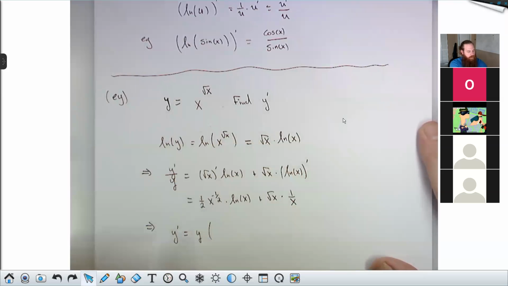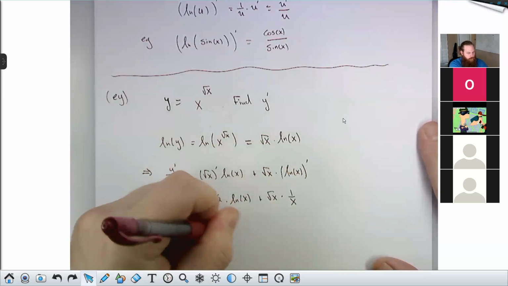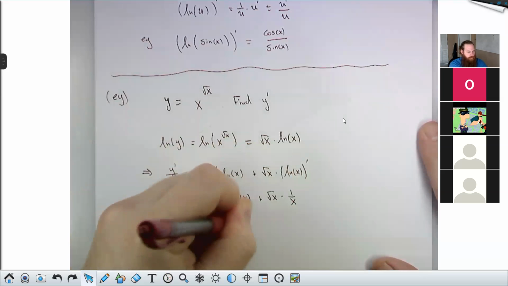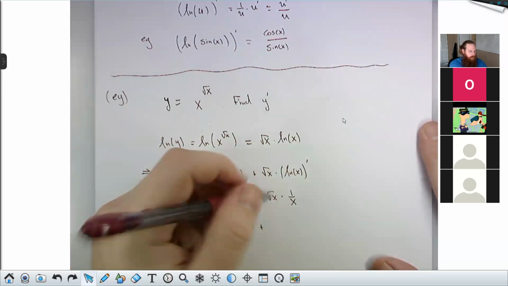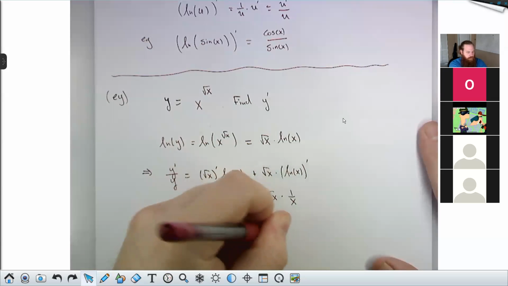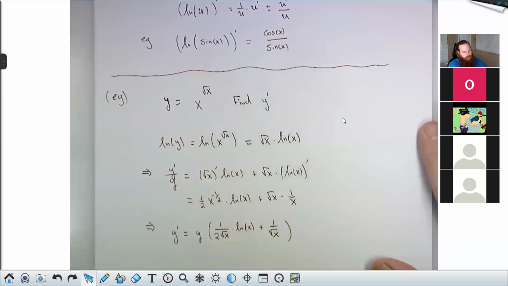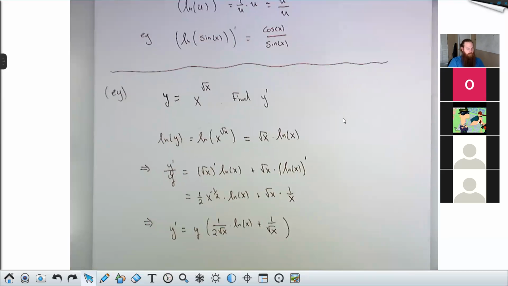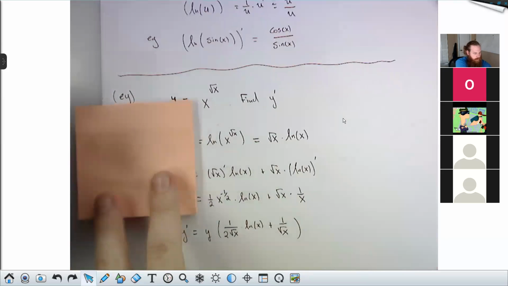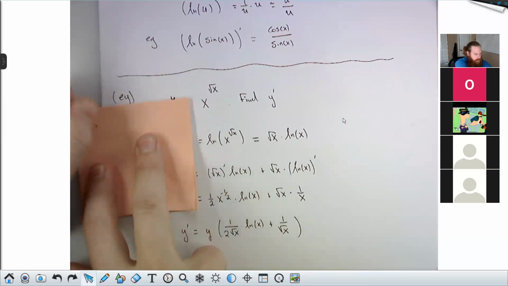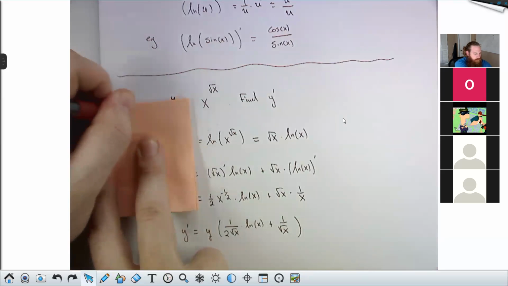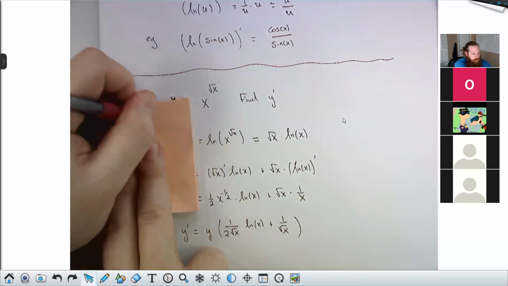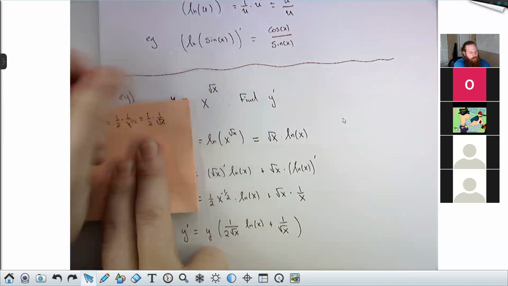1/2 times x to the negative 1/2 is 1 over 2 square roots of x. So you get that times ln x plus here, this is root x over x, which is 1 over root x. The simplification there: 1/2 x to the negative 1/2 is 1/2 times 1 over x to the 1/2, which is 1/2 times 1 over root x.